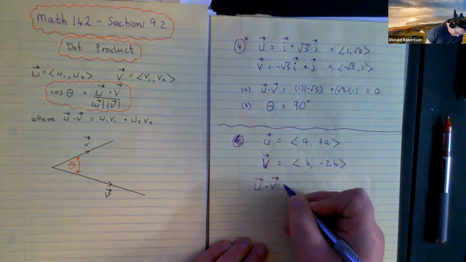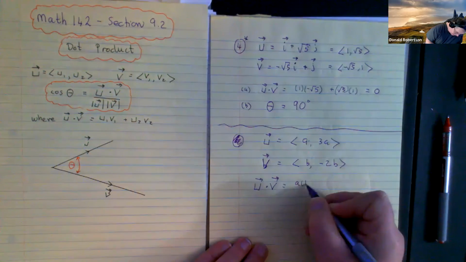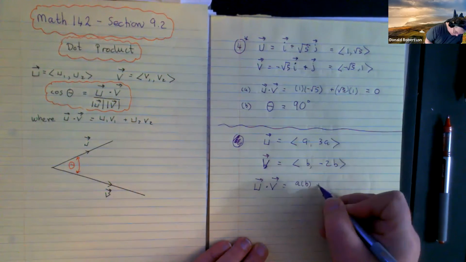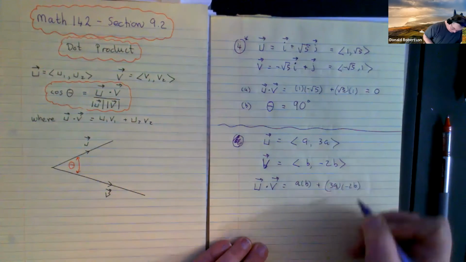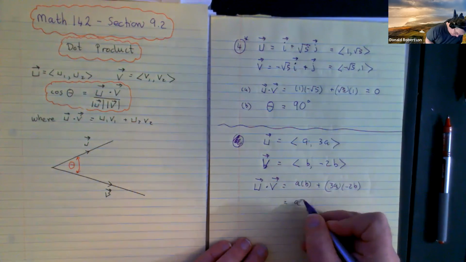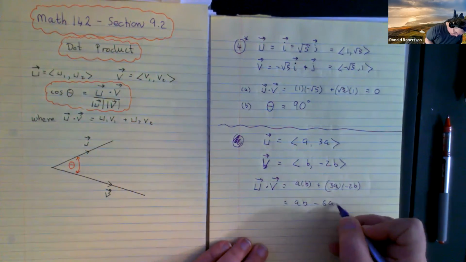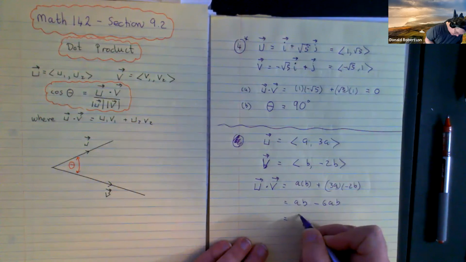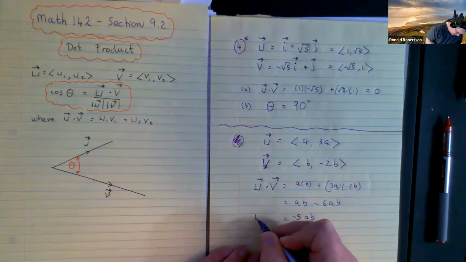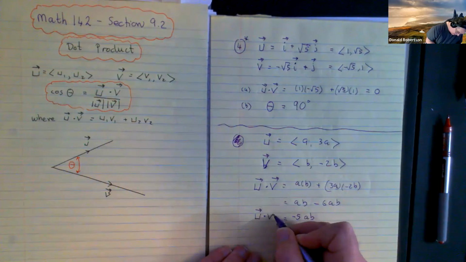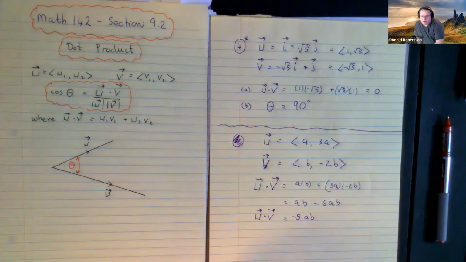You can do it because it's A times B, add 3A times negative 2B. And that's AB, take away 6AB, and that ends up being negative 5AB. Are you comfortable about how I found the dot product, even although it's not really numbers, it's variables?